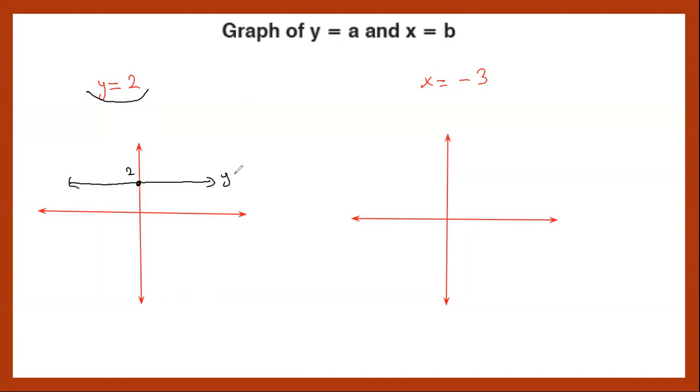That's y equals 2. Okay, and then this one, can you see any value on the y-axis? No. So it's not going to be on the y-axis. So find -3 on the x-axis, let's say approximately here. That will be -3. Then your line is going to be this.